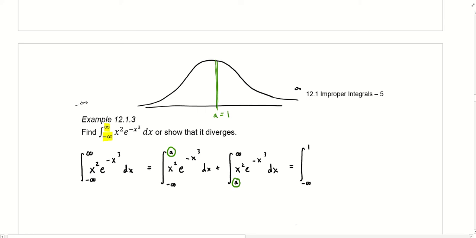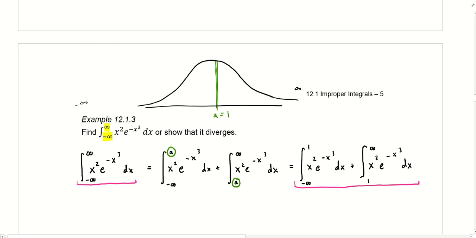I'm going to put 1. Which means in my second integral, I'm going to want to integrate starting at 1 to positive infinity. So in other words, I have rewritten this integral as the sum of these two integrals.